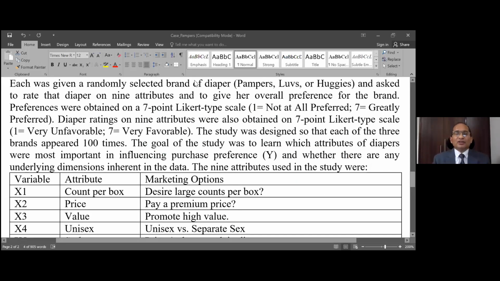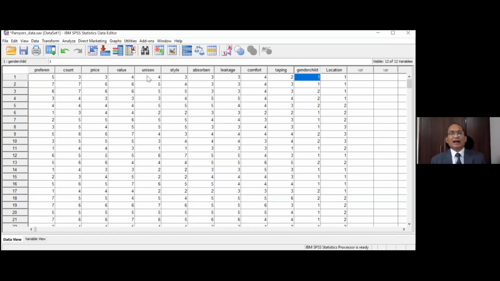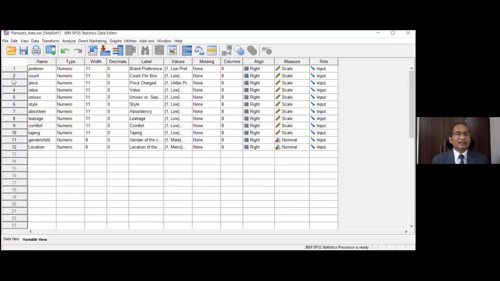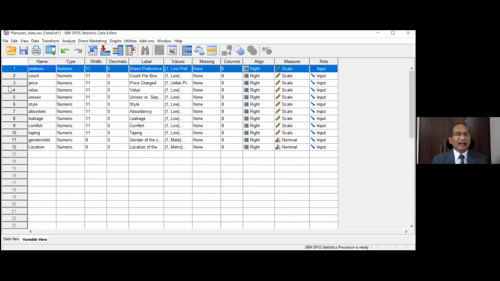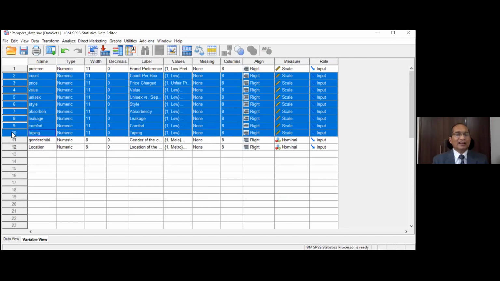And now I am introducing the data set. And this is our data set. The first variable is the preference, right? If we follow the variables, the first is the preference. And we have 9 diaper attributes. These are the 9 diaper attributes.